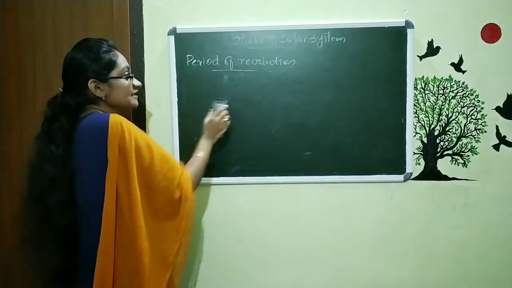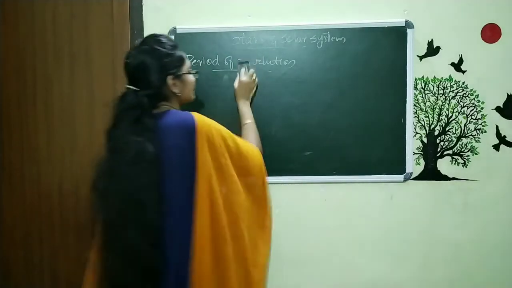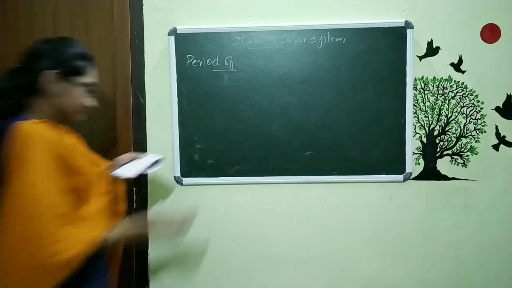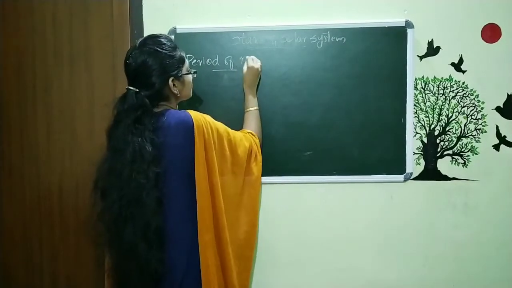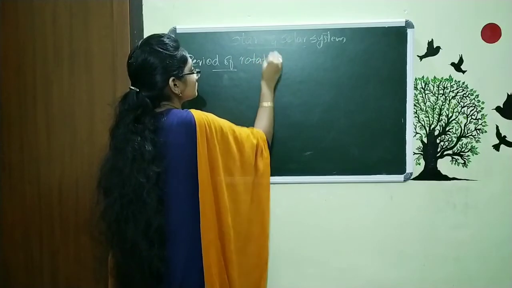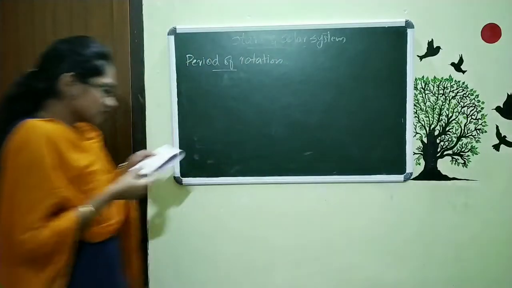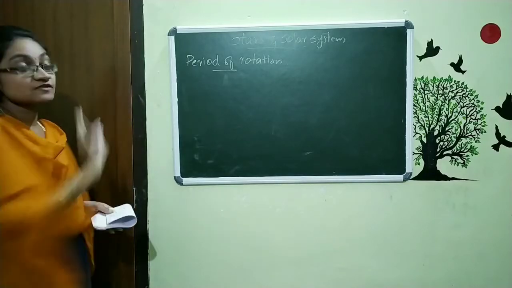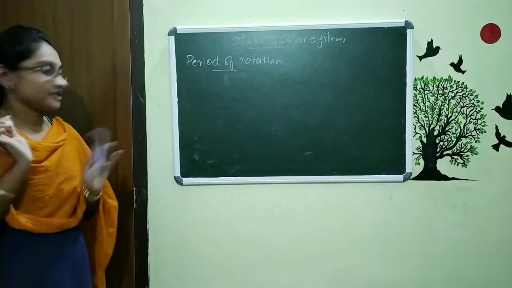So now we want to study about the period of rotation of a planet. So what is this period of rotation? The same thing, the only difference is between revolution and rotation.